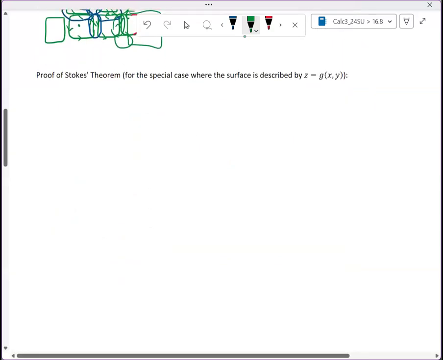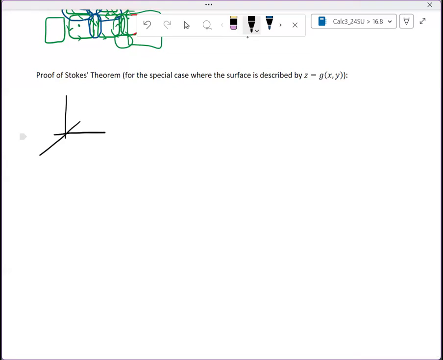Okay, so we're going to work through a proof of Stokes' theorem in a special case. The special case where the surface is described by z equals g of x, y. So I'd like to lay out a couple of bits of information to start with here.